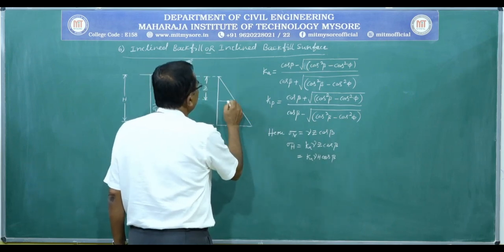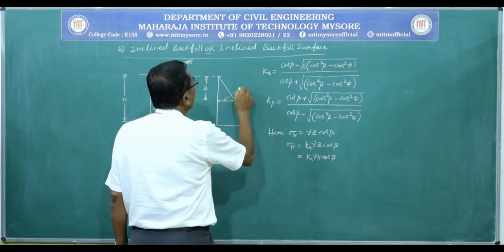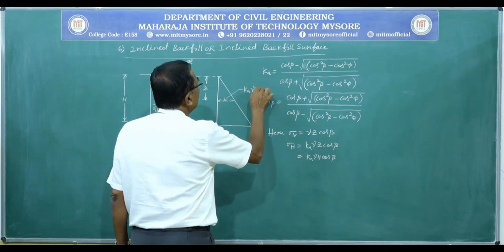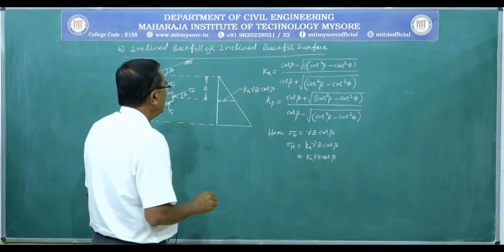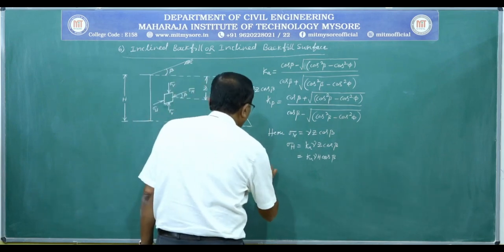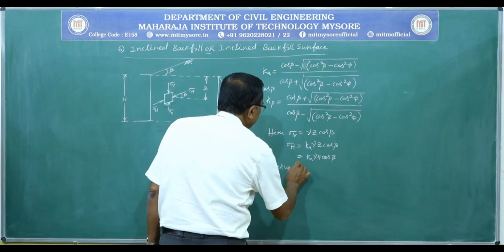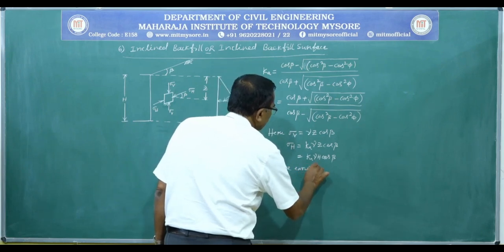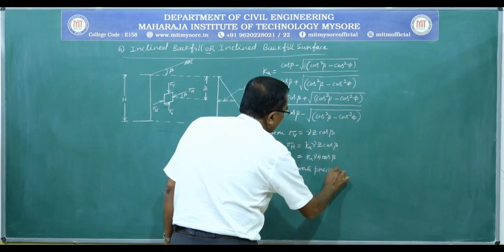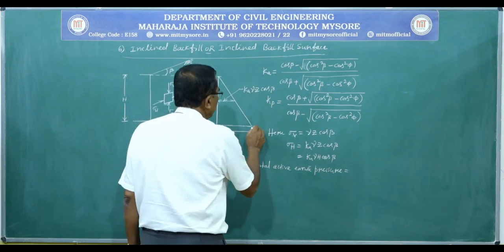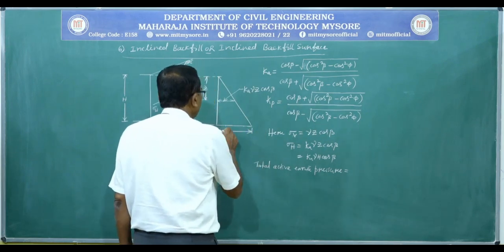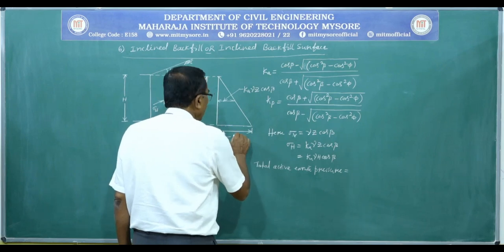At a depth Z, the earth pressure is equal to Ka gamma into Z cos beta, and the earth pressure at the base is Ka gamma H into cos beta.